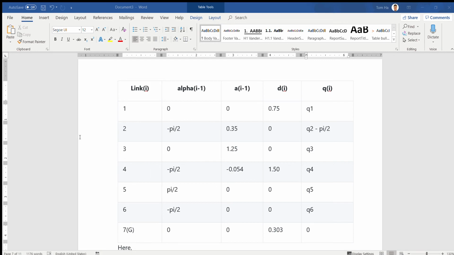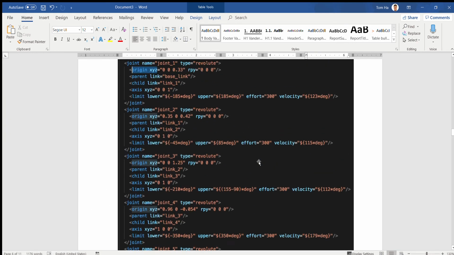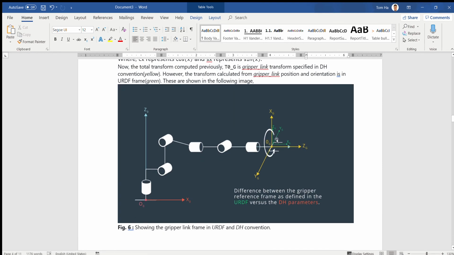Right. As I mentioned before, because the DH convention coordinate and the gripper coordinate in ROS are a little bit different, you have to apply a rotation. Here are two different orientations, so you have to rotate the yellow one to match the green one for simulation.